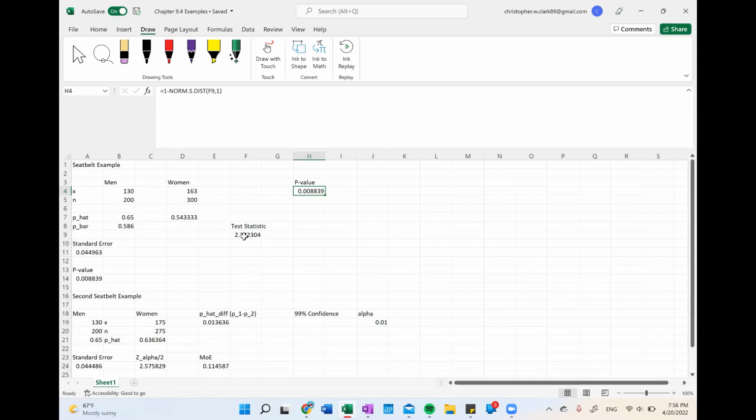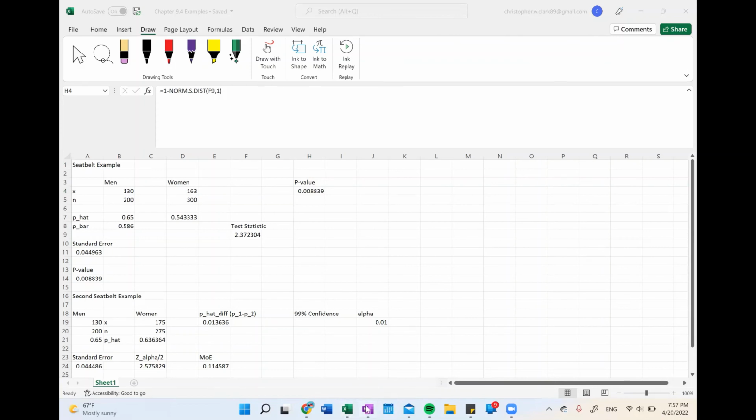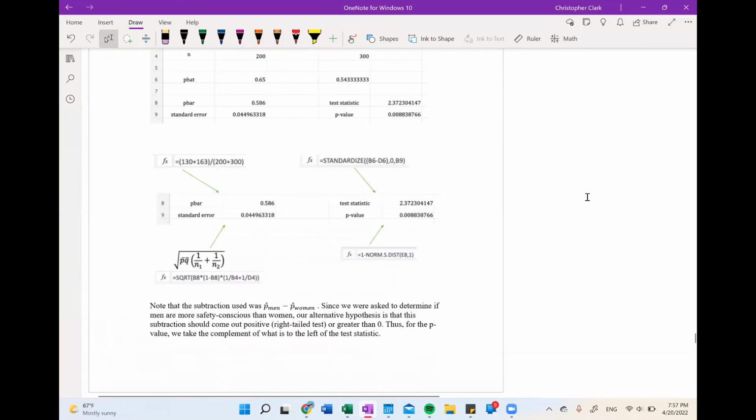The cumulative, remember, it's always just 1, because we're interested in the whole thing. Now that's going to return a very large value, because that's going to return everything to the left, but it's a right tail, and we're interested in everything to the right. So we're going to do 1 minus the value it gives us, and we just get 0.008839.